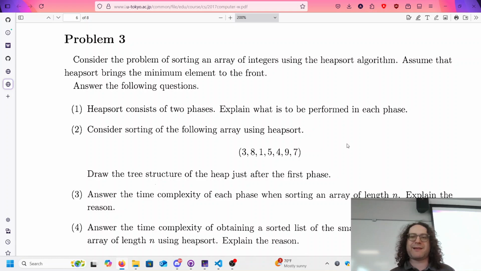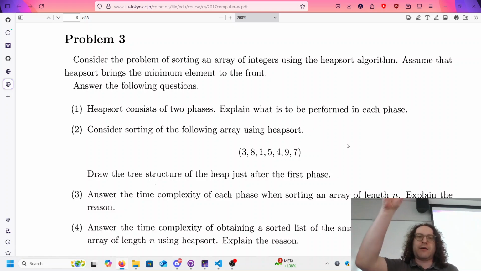And then for the sorting process, what we do is we take the biggest element, we quote unquote remove the biggest element from the max heap and put it in the back, swapping it with the element that it's replacing. So that element that's replacing goes into the back element in the array.